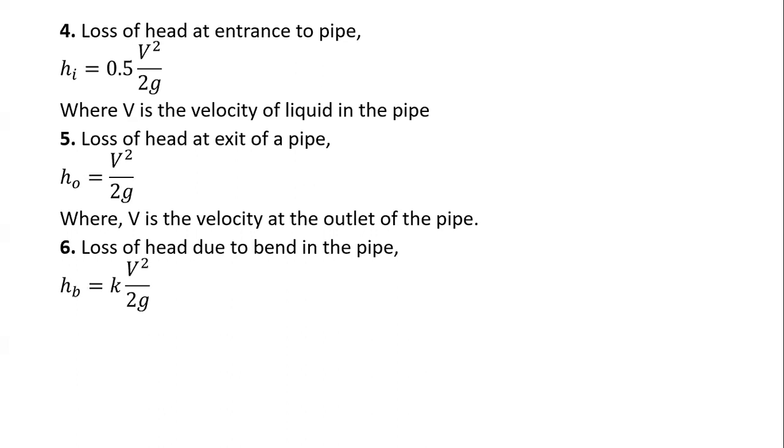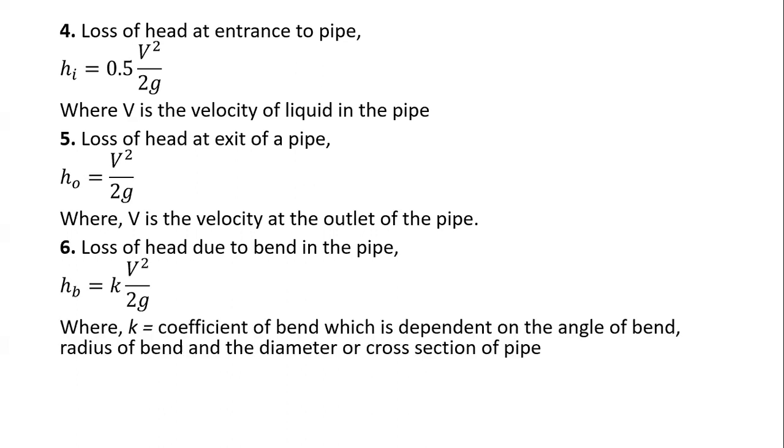Then we also have loss due to a bend in a pipe, which is K V squared over 2g. Again, this K is the coefficient of bend. All the minor losses, as you can see, are quite many, and for some of them you can be given one constant value which will represent them, or you'll be given values which will guide you in calculating what they are.